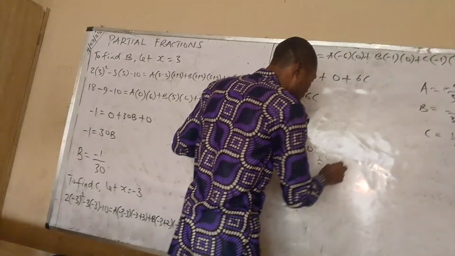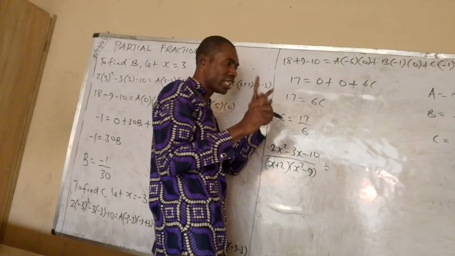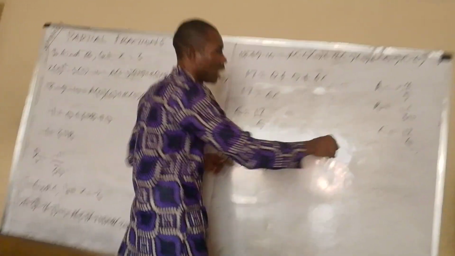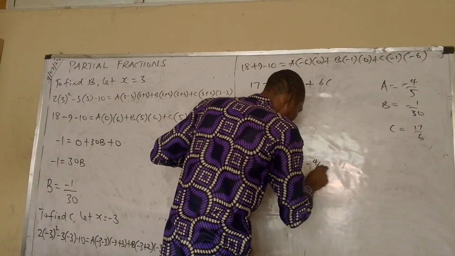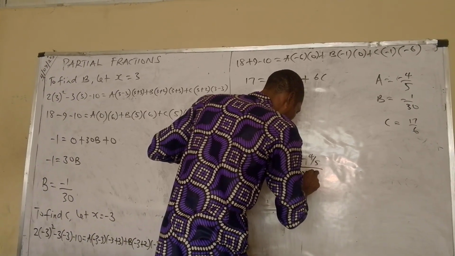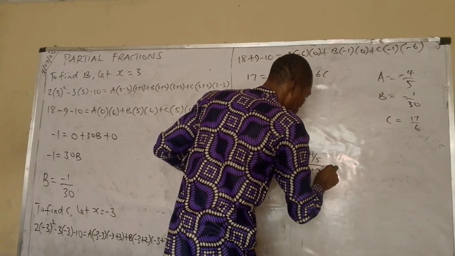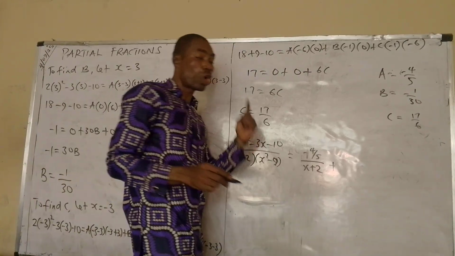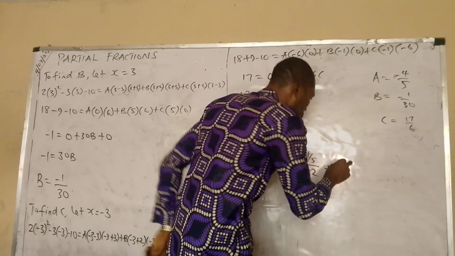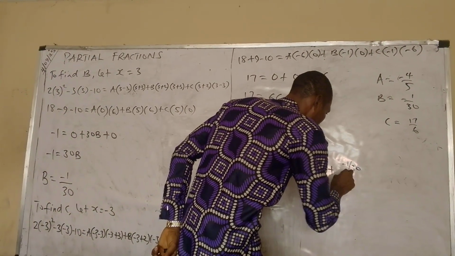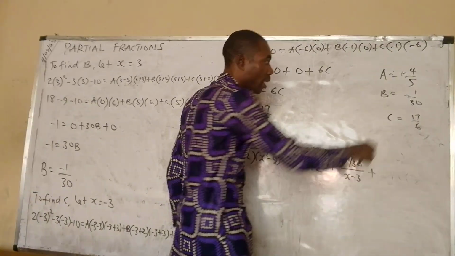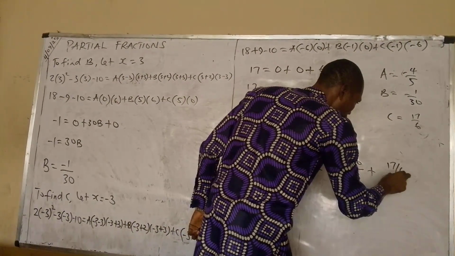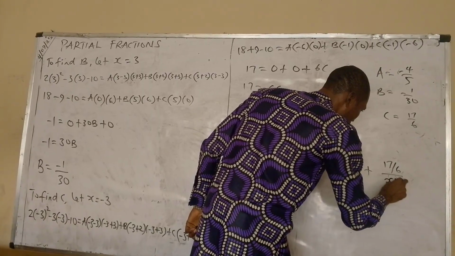Equals, the first fraction contains A over x plus 2. What's my A now? Minus 4 over 5. So I have minus 4 over 5 over x plus 2. Plus, second one is B. What's my B? Minus 1 over 30 over x minus 3. Third one is C. My C is 17 over 6 over x plus 3.